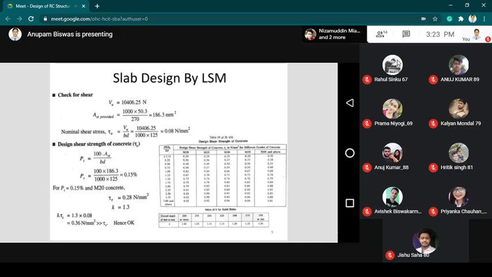So 1.3 into 0.28 is coming 0.36 Newton per mm square. This value is much more than the value of tau v, so hence it is fine. Since the minimum shear reinforcement is provided, the shear criteria is fulfilled with the provided reinforcement.